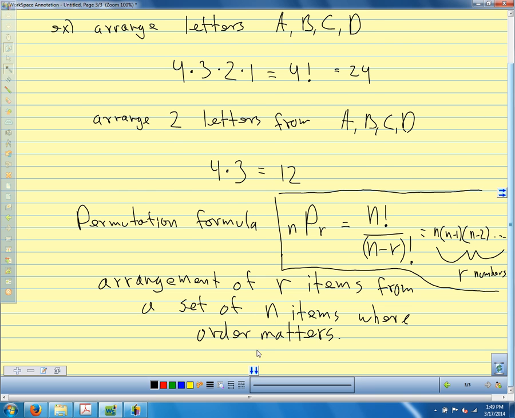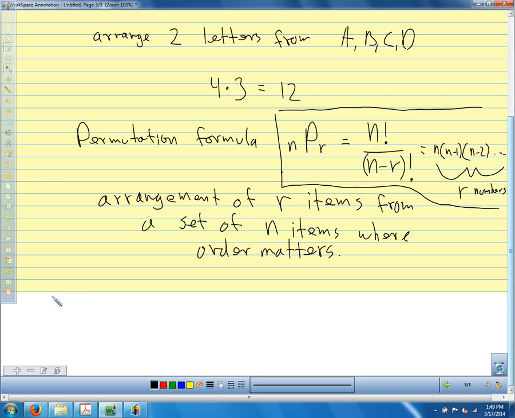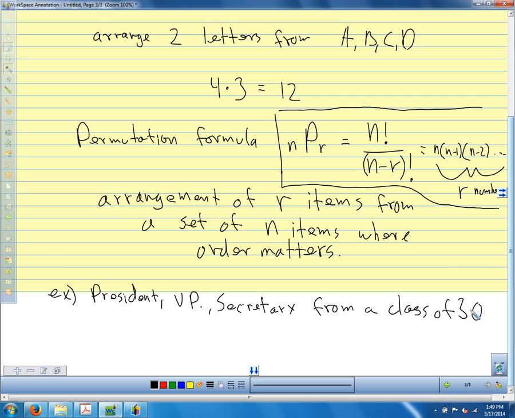So let's do a quick calculation. So if we had the example that I used, a committee, we want a president, a vice president, and a secretary. So president, vice president, and secretary picked from a class of 30.